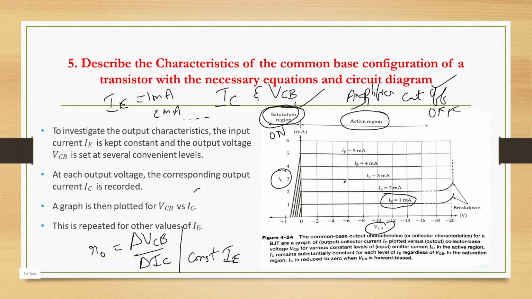In the active region, the base emitter junction is forward biased and the collector base junction is reverse biased, and IC is constant, equal to IE. In the cutoff region, both junctions of the transistor are reverse biased, hence only a small leakage current flows in the circuit.